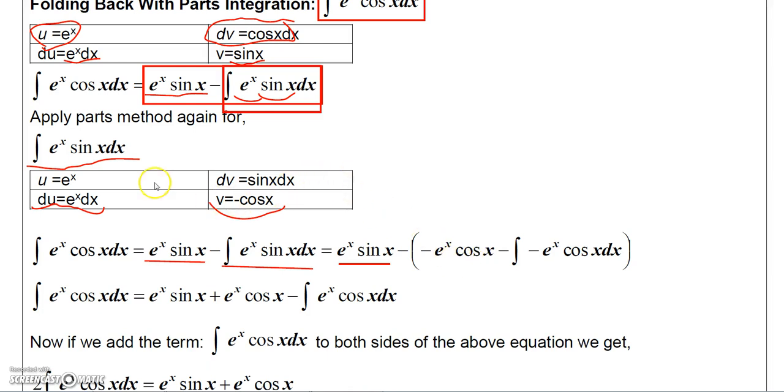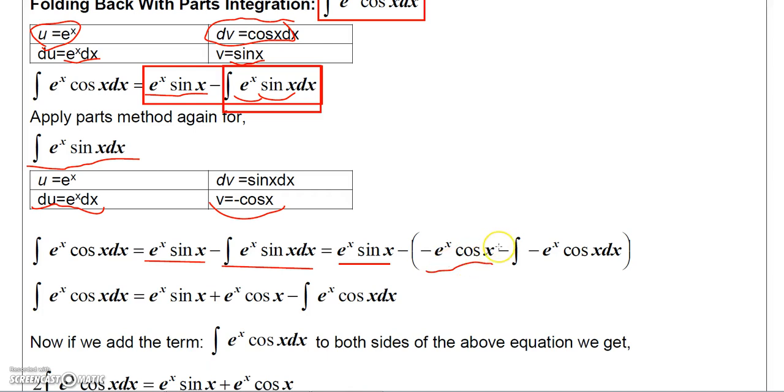So now let's just talk about how we would integrate this using parts. Okay, so to integrate this, we would do the uv, so that would be e to the x times minus cosine x. So that would give me minus e to the x cosine x.